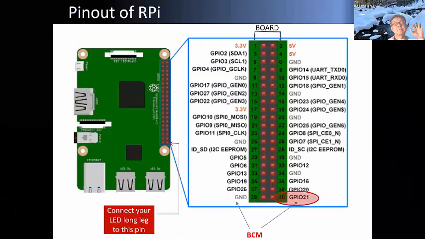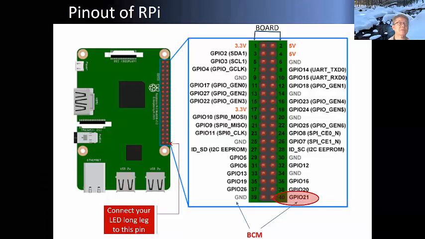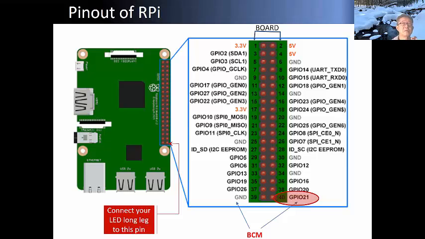Again, I'm going to stress to you that when you wire between sensors and your Raspberry Pi, there are pins. Sensor pins need to be consulted from the sensor specifications, or there are some designated pins.